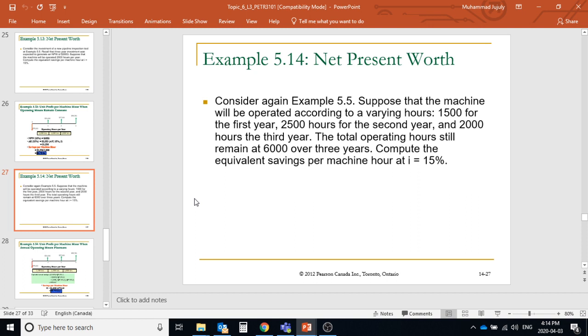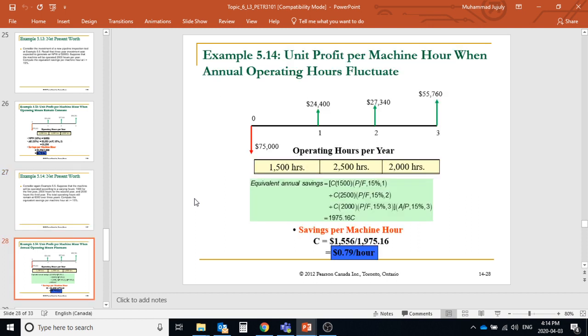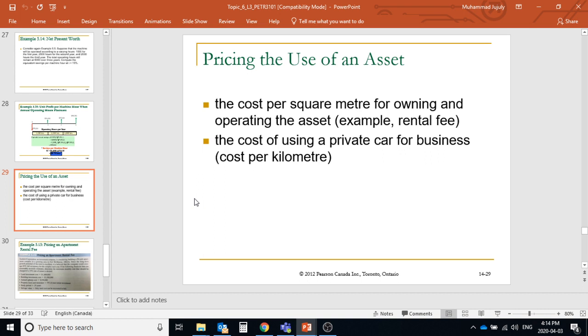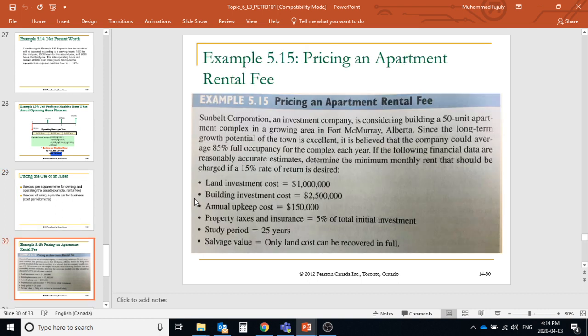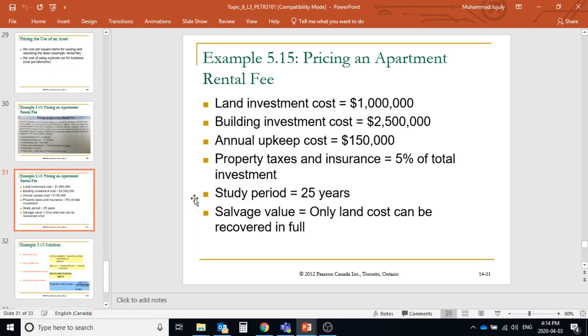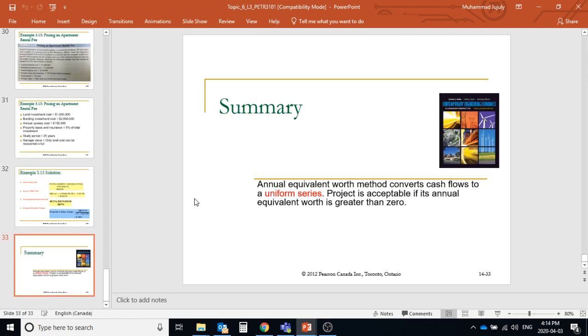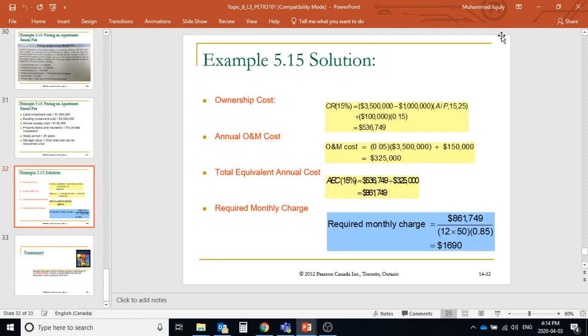Again, there is another problem. Go through there and solve it. It is using the same principle. Price using an asset. Go through this problem and solve these also using the same principle.